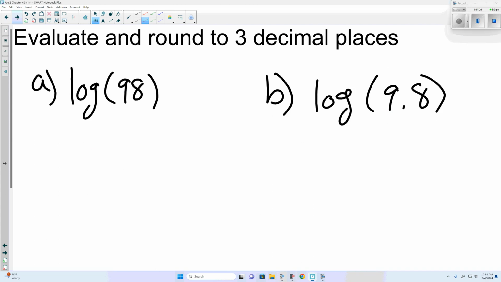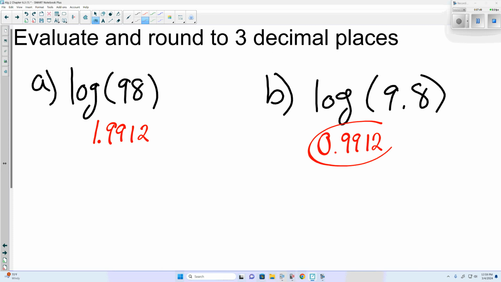Log of 98 is 1.9912. Well, were we supposed to be rounding it? No, I lied. 1.991. Yep. Questions on this here? Well, we're rounding to the 3rd decimal place, so it really should be here.